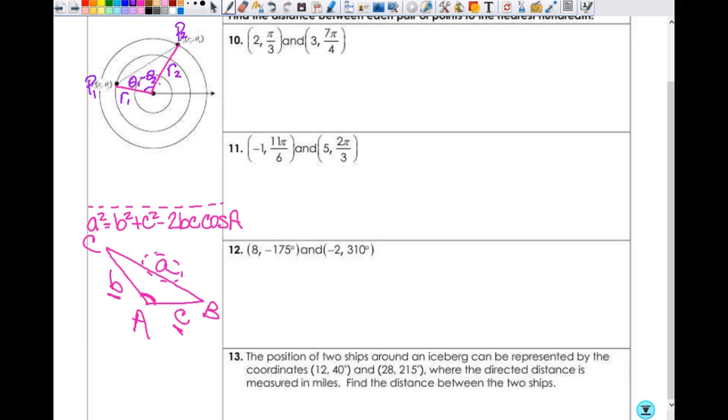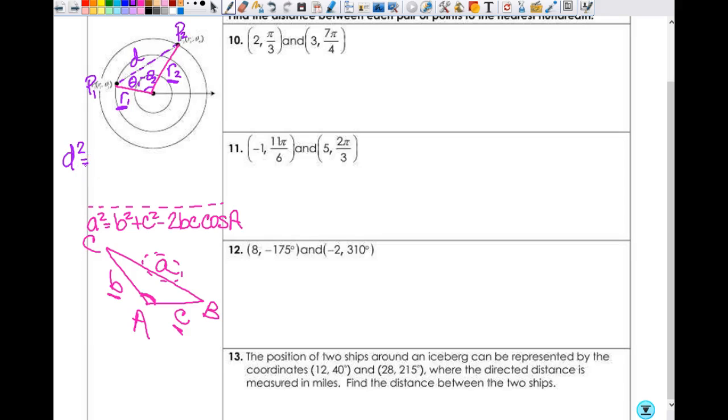And so the 3 pieces that I would need to find this distance, which we'll call D, I need to have these 2 side lengths, which I would know in this case, I would have the R, theta for each one, and this angle, which I can figure out from that as well. So if I just take this stuff and I substitute it in here, I'm looking for A. Well, A would be like that D, so it's D squared, right?